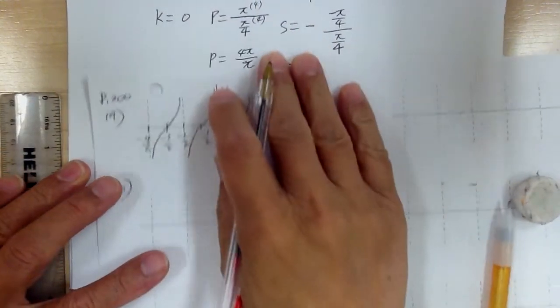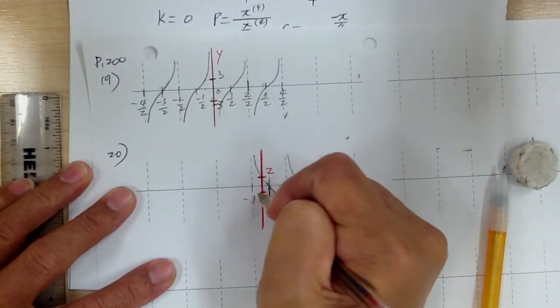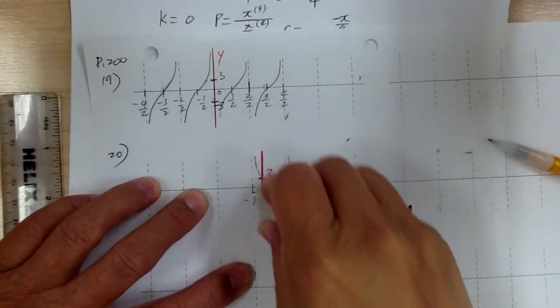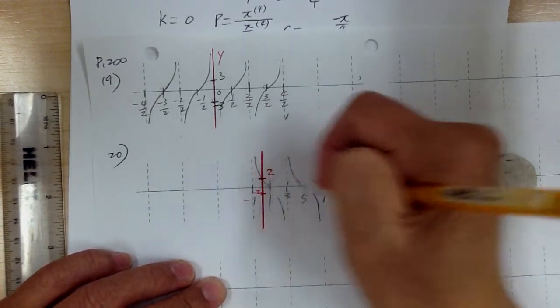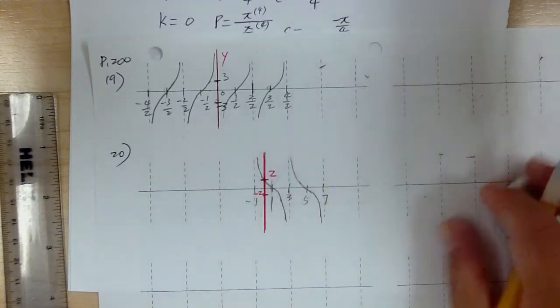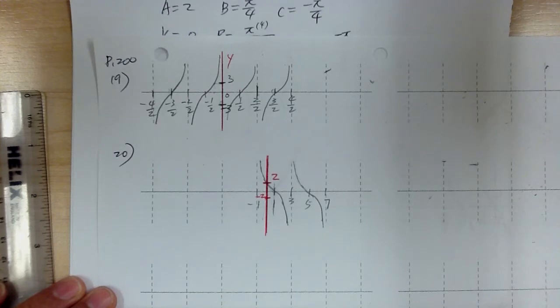So A is equal to 2. So this will be the 2, and the same amount, this will be a -2. And we can erase a little bit of this. So this would be a 1 right over here. So that's number 20. Okay, let's go to 21.